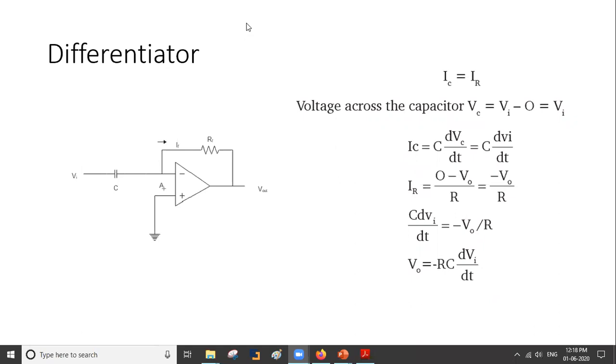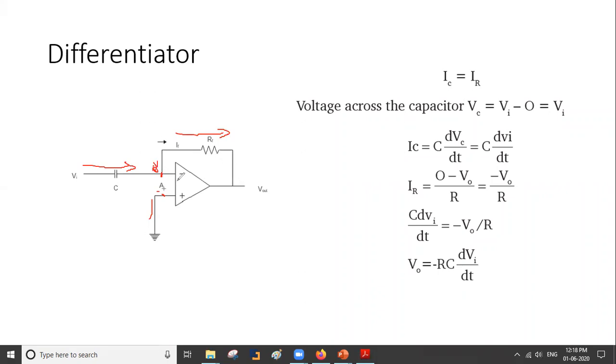So find out the current flowing through this input capacitor and the current flowing through this feedback resistor. We know the virtual ground concept here, that means at this point the voltage is 0 volt. Due to the virtual ground, the potential at this point will be the same as at point A, so it becomes 0 volt.